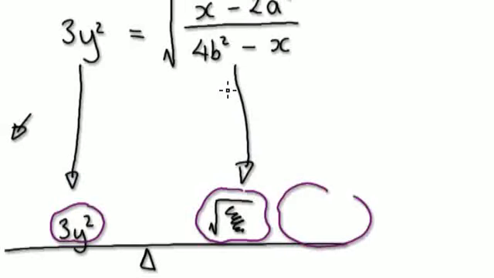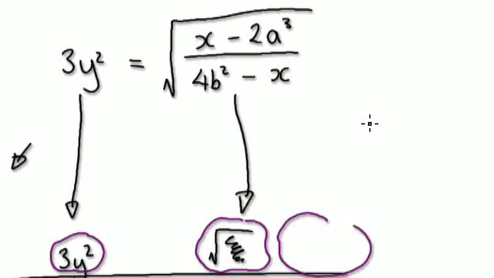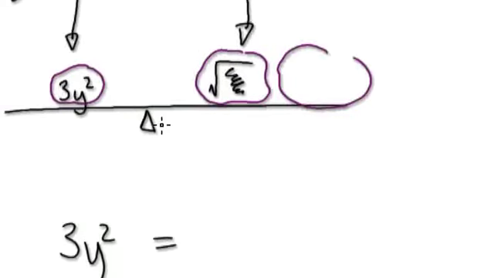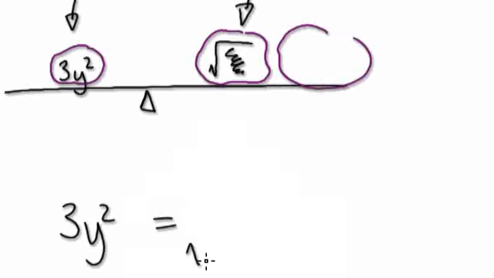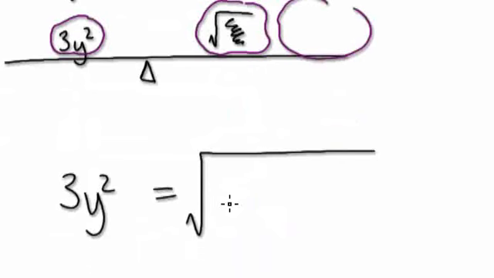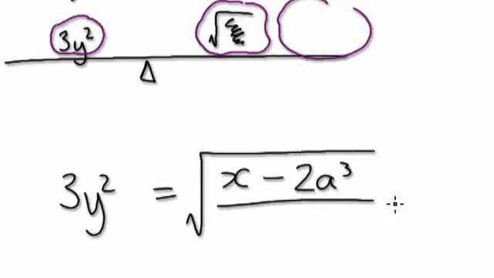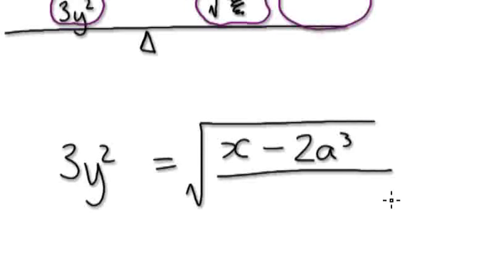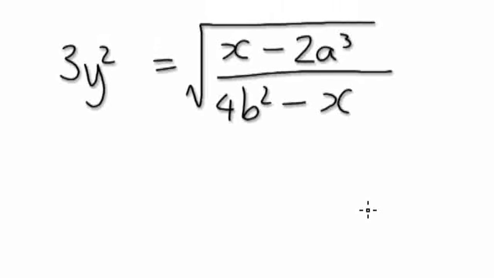From here we're going to have 3y squared equals root x minus 2a cubed, I'm just copying it down, so bear with me, over 4b squared minus x. At the moment we've got this. So we are going to square both sides.